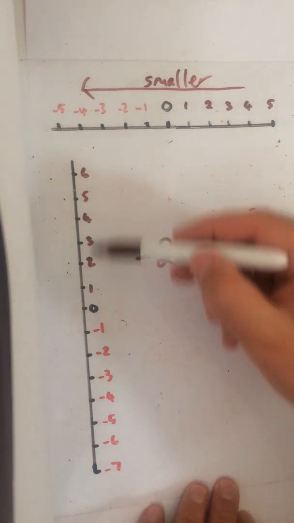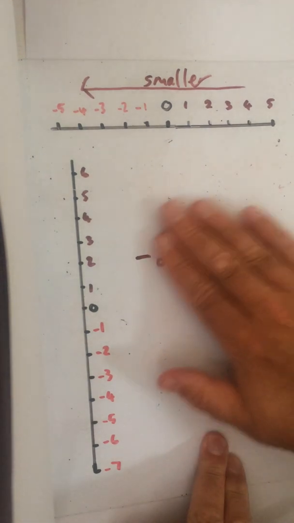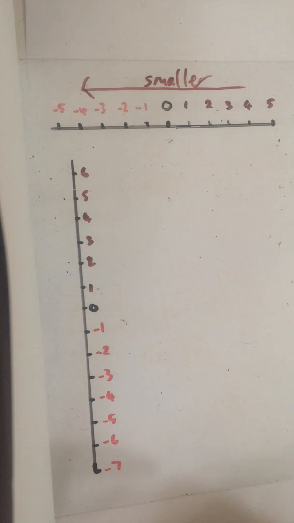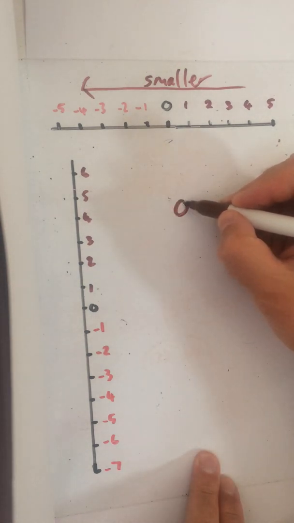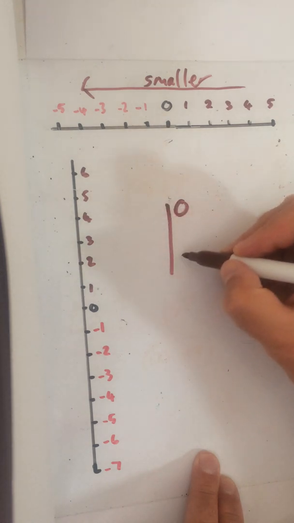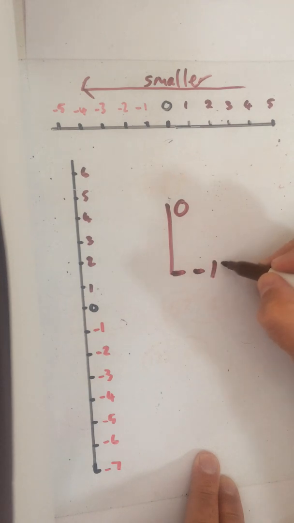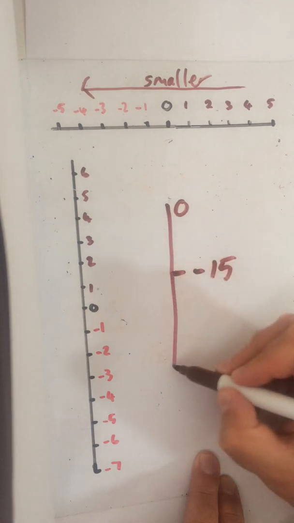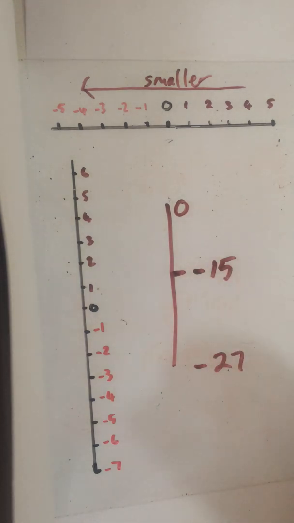Now obviously when you draw your number lines, you won't always be able to do all of it, loads and loads of numbers. So this is how I do them. I just go to 0, then I'm going to do my line, and I'm just going to jump to -15, and then I would jump to -27, and I'm not going to worry about the numbers in between.